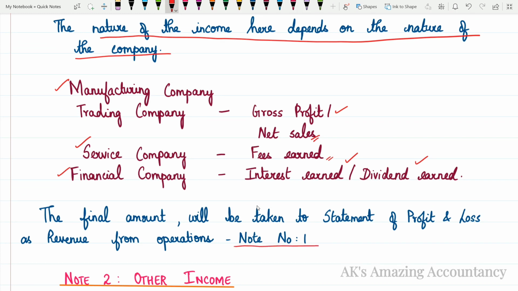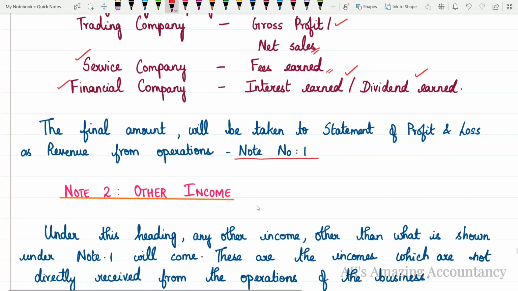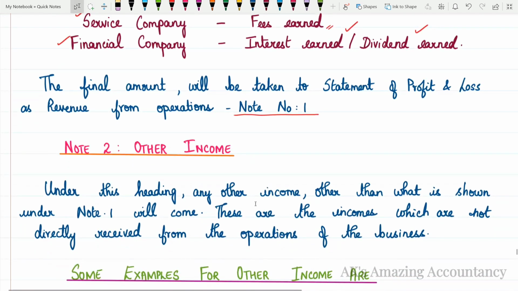Now let us proceed with note 2, which is for other income. So you have to know what will come under this heading, that is note 2, other income. Under this heading, any other income other than what is shown under note 1 will come. So under note 1, what will come?